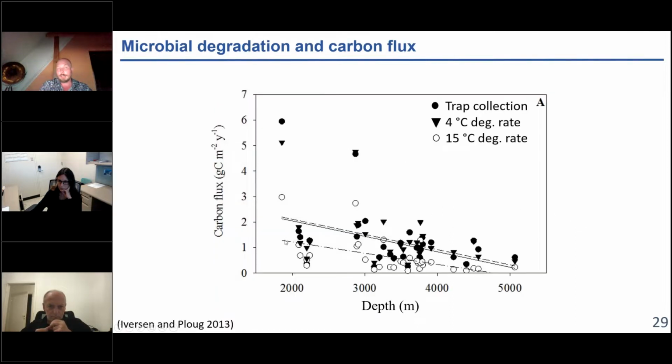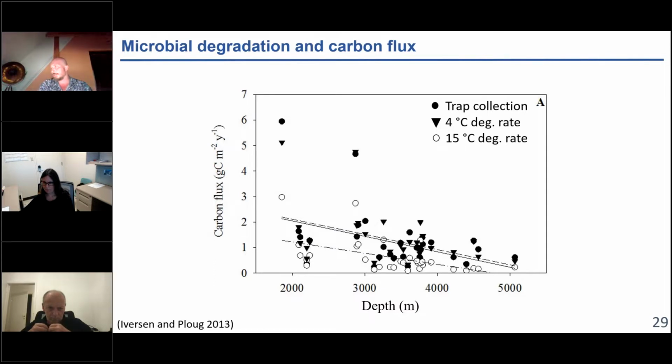When we did that, we found that if we use the degradation rate at 15 degrees, then this is the regression we got. The solid line is what we actually measured, and the 4 degrees is this dashed line. So we found, ignoring pressure effects and ignoring organic matter changes, we could explain basically the flux to the deep ocean by only taking temperature decrease and decrease in carbon-specific degradation rate as a function of temperature into account.